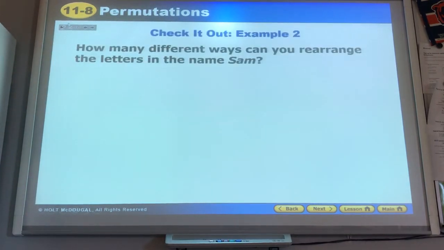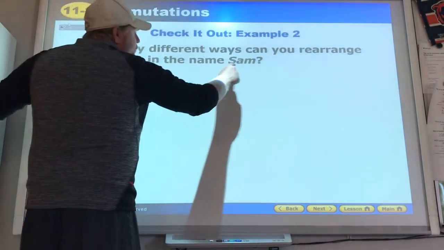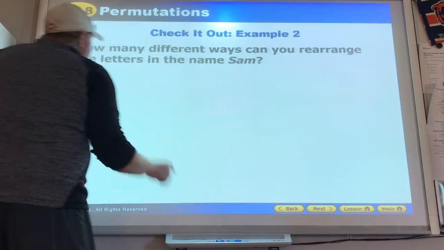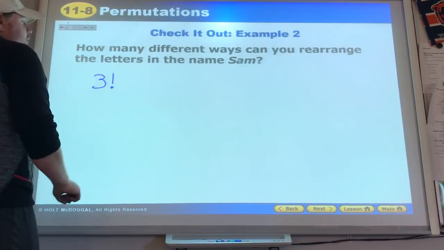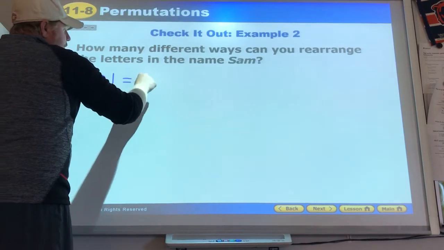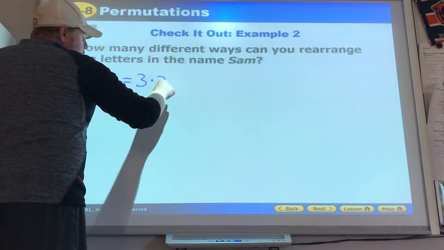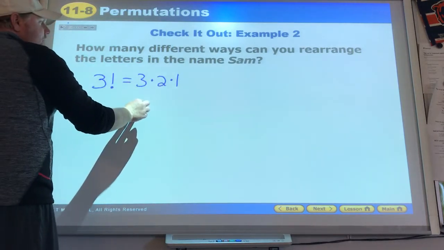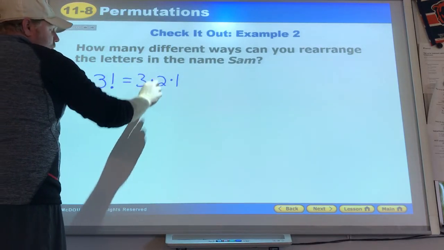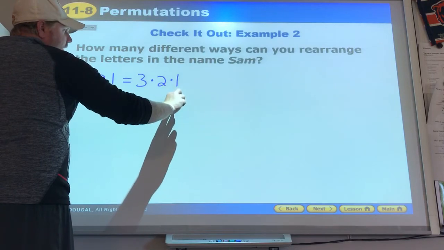How many different ways can you rearrange the letters in the name Sam? There are 3 letters, so we can take 3 factorial, which means 3 times 2 times 1. Because if I pick S, I only have a choice between A and M. There's 2. If I pick M, then I only have A left.